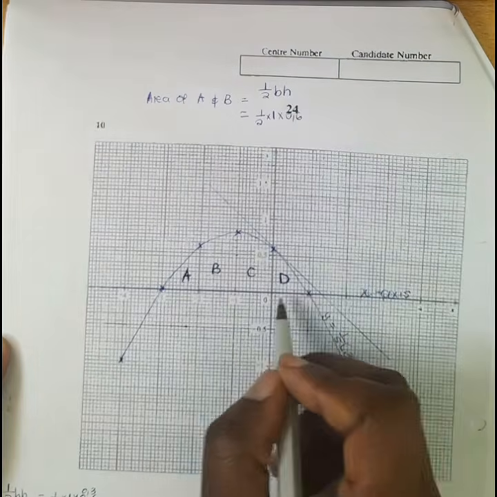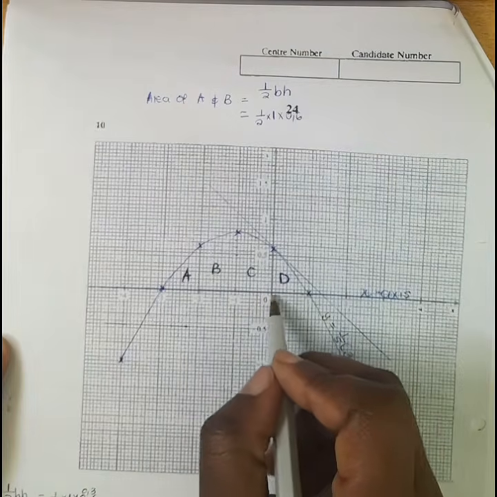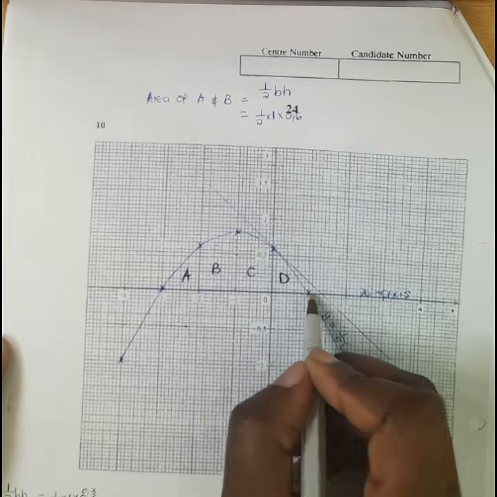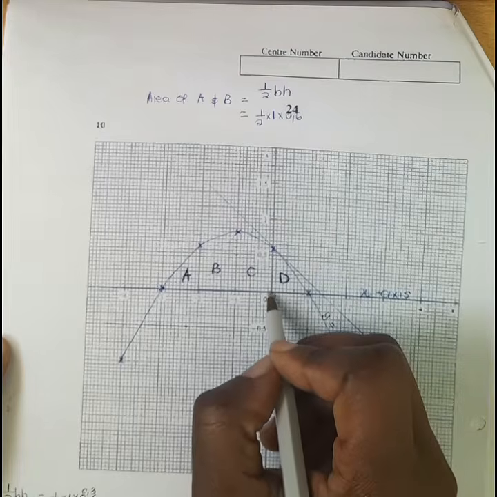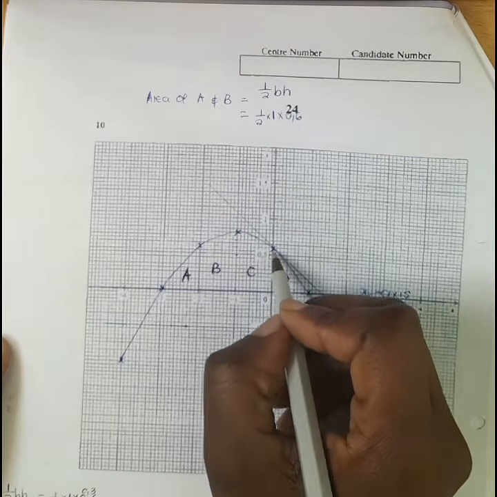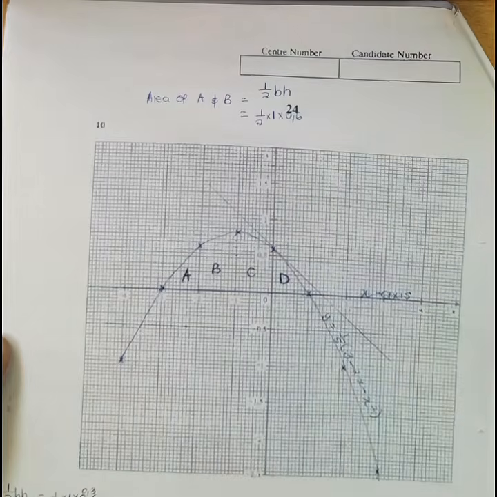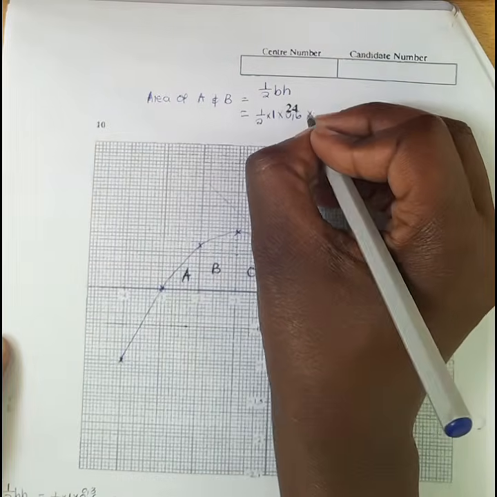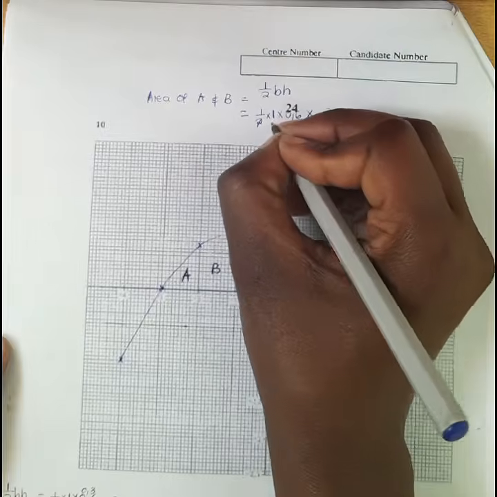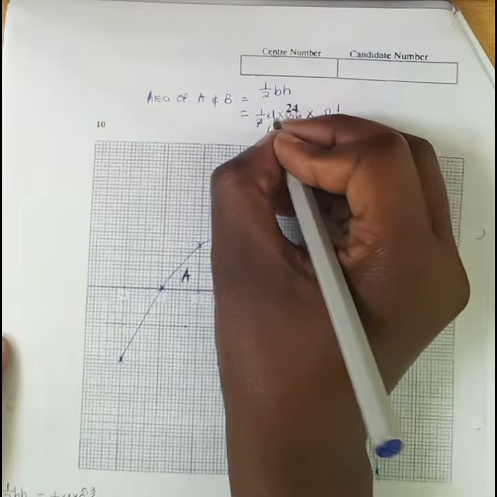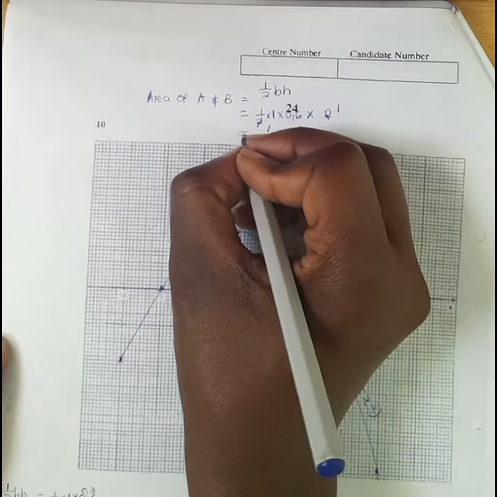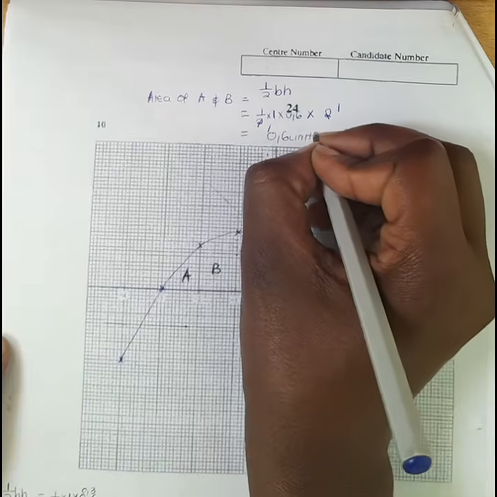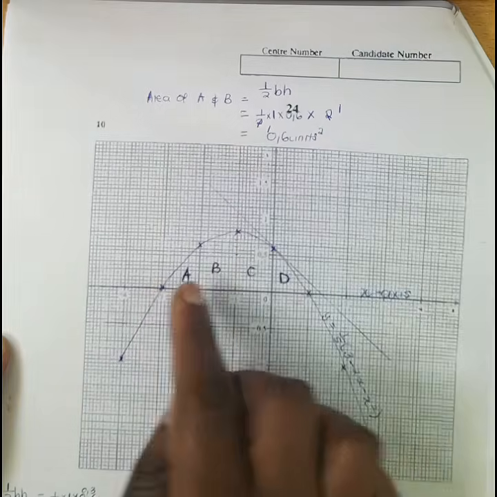That is the same here. We are having our base from 0 to 1, which means that the base is 1. And then we are having our height from 0 to 0.6. So we are going to say half times 1 times 0.6 times 2. 2 into 2, 1. So 1 times 0.6 is equal to 0.6 square units. So this is the area of triangles A and D.